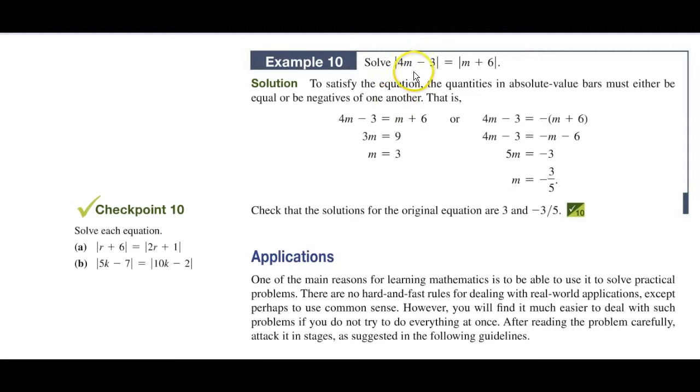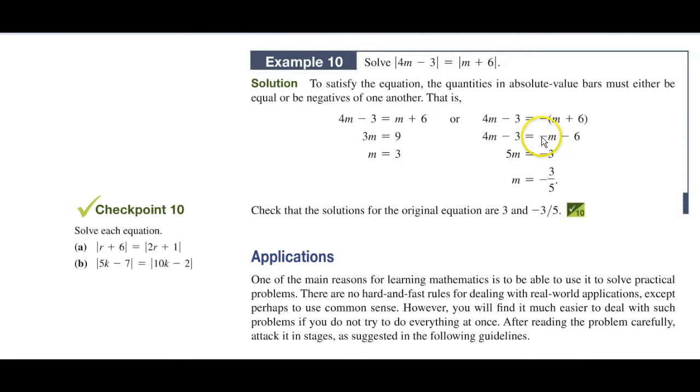For this one, we can use what's in our textbook. Here, the absolute value equals an absolute value. So the first one would be just remove the absolute signs, which is what they've done, and you solve for m. m is 3. Now, the next time you're removing both absolute signs, but over here, you have to put this right side into parentheses and change the sign.